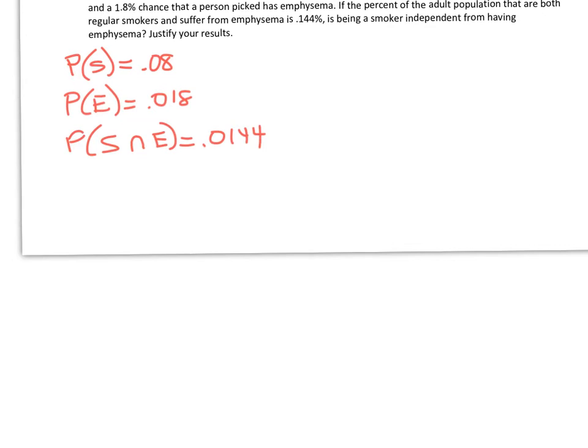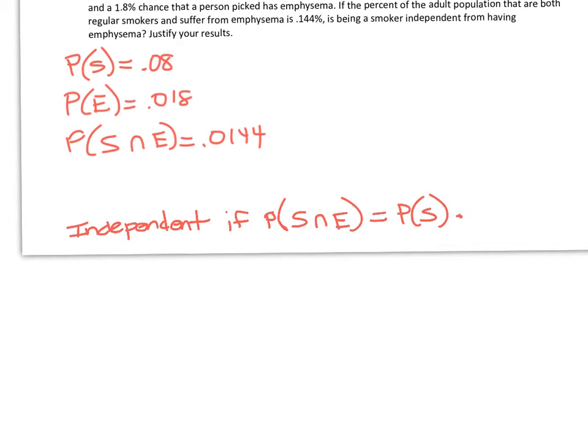The two events are independent, and you guys should be writing all this, independent if the probability of S and E, remember we're using S and E instead of A and B, equals the product of their individual probabilities. So the probability of S times the probability of E.